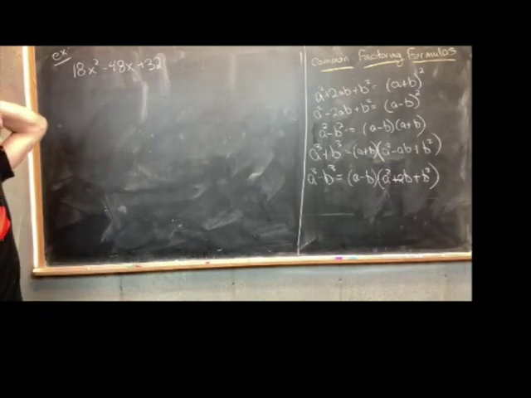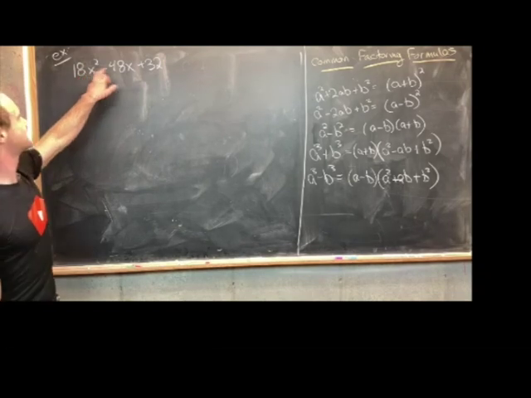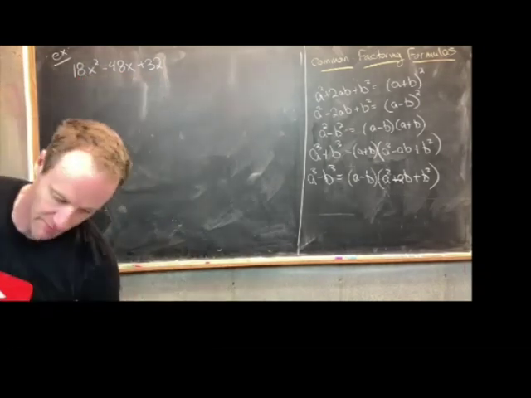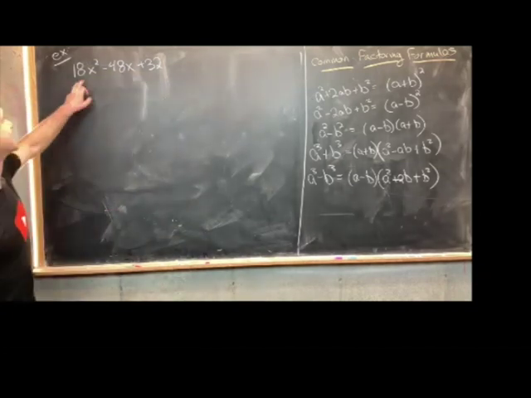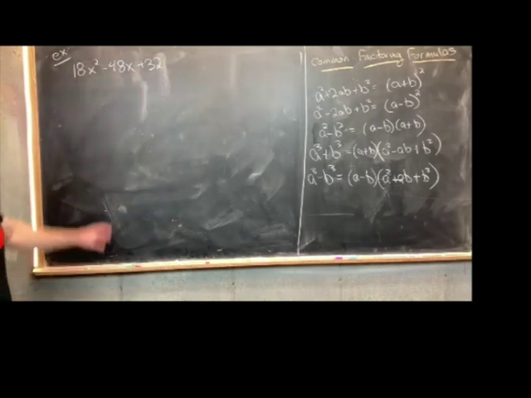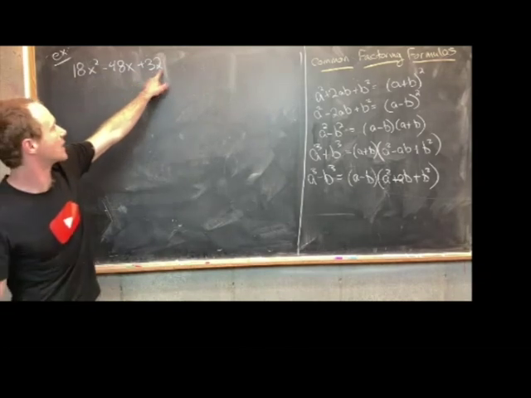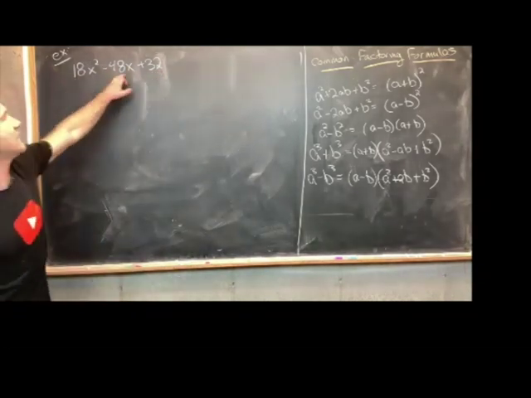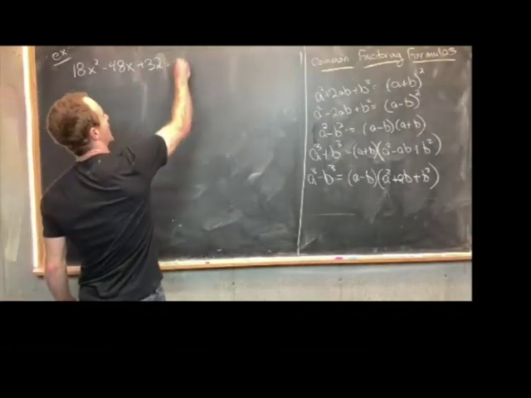So we want to look at all of these terms and say, is there a common factor for them? In this case, there is, and it's 2. Notice there's no power of x that's a common factor because this one over here does not have an x attached to it. But they're all even, which means I can factor a 2 out.